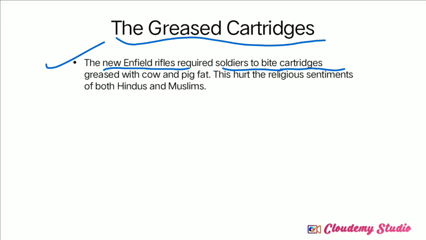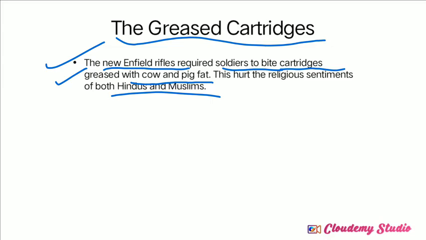And a rumor started to spread among the Indian soldiers and across Indian regions that the cartridges were greased with the fat of pig and cow. That's why it created discontent among the Indian soldiers. It hurt the religious sentiments of both Hindus and Muslims, correct? Hindus were working in the British army, and Muslim soldiers were also recruited into the British army.